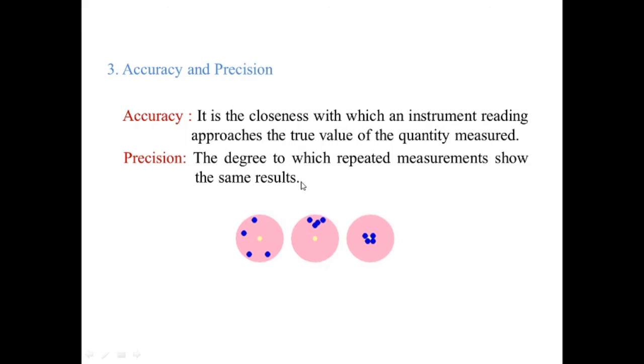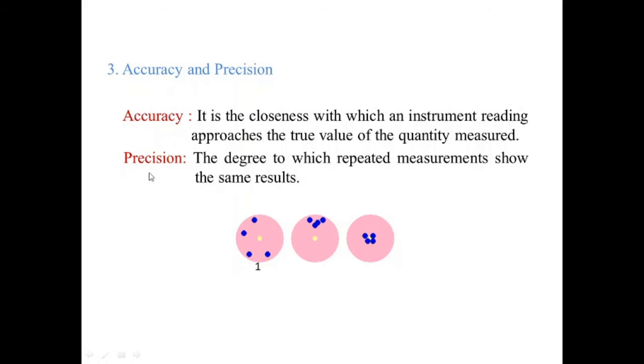For example, you can see three circles. In the first circle, the yellow circle is the actual value to be measured, and these are the measured values. From the first figure it is clear that the measured values are not near the true value. So this system is not accurate.